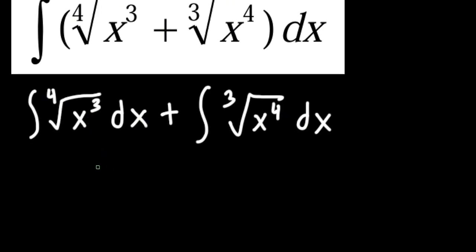The next thing that we need to do is to transform these radicals into exponent form, because in that way it would be easier to evaluate this expression. The rule states that under the laws of exponents, the bth root of x raised to a is equal to x raised to a over b.